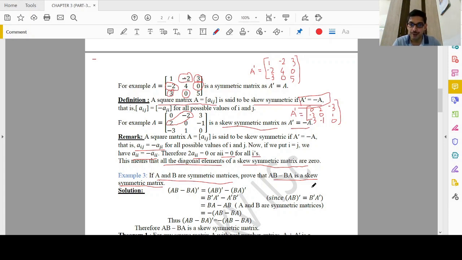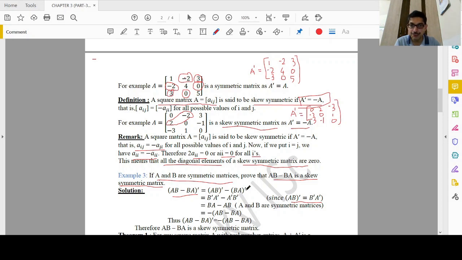So we need to prove that the transpose of AB minus BA is equal to negative of itself, that is minus of AB minus BA. So taking the transpose of AB minus BA, using the property of transpose of a difference, we can write it as AB transpose minus BA whole transpose. Now using AB transpose equal to B transpose A transpose, we can write AB transpose as B transpose A transpose.